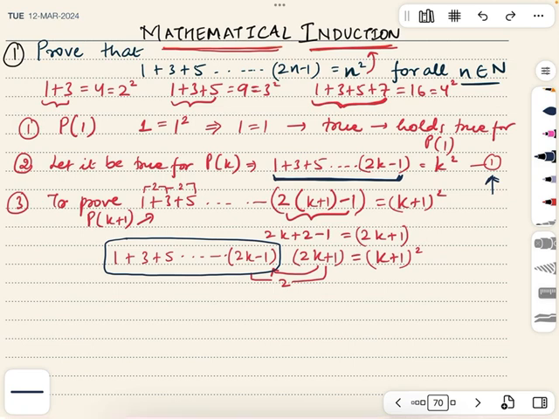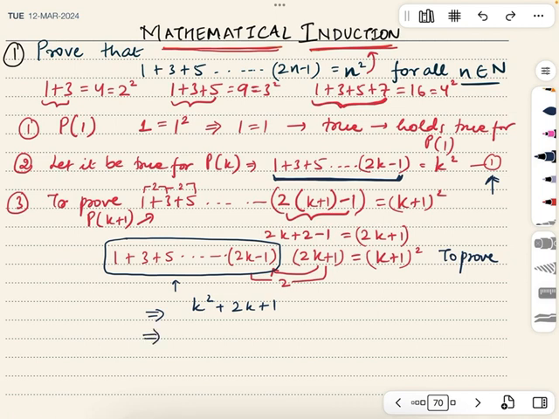So I'm going to use it here. I'll replace it by k square plus 2k plus 1 on the left hand side. This is what we wanted to prove. So I'm taking the entire left hand side that I have.